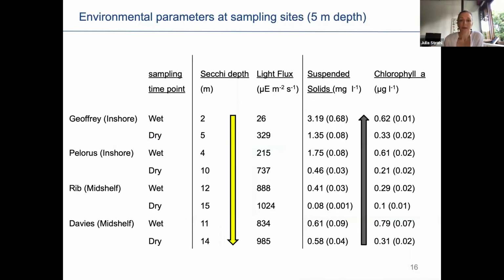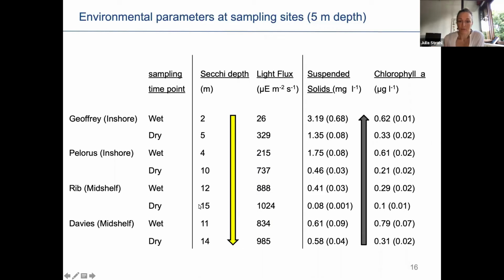And here I would like to give you an idea about the environmental parameters at these 4 sampling sites in 5-meter depths. Here Jeffrey Bay and Pelorus as the inshore reefs, and you can nicely see that light availability is very low here in these inshore reefs and increases when going towards the midshelf reef.